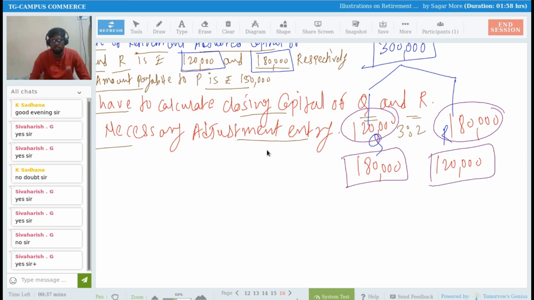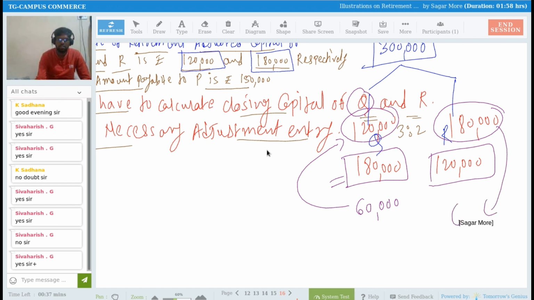Exactly opposite now, reverse now, I can say. So what we have to do for Q? Sir, Q needs to bring 60,000 rupees into the business. If 60,000 comes into the business, it will become 1,80,000, right? And we have to repay 60,000 to R to get his capital to 1,20,000, right?